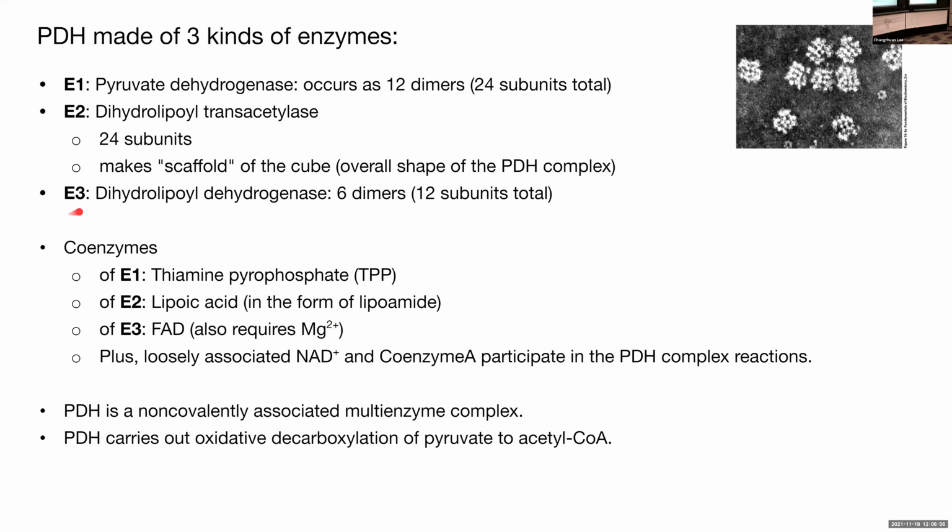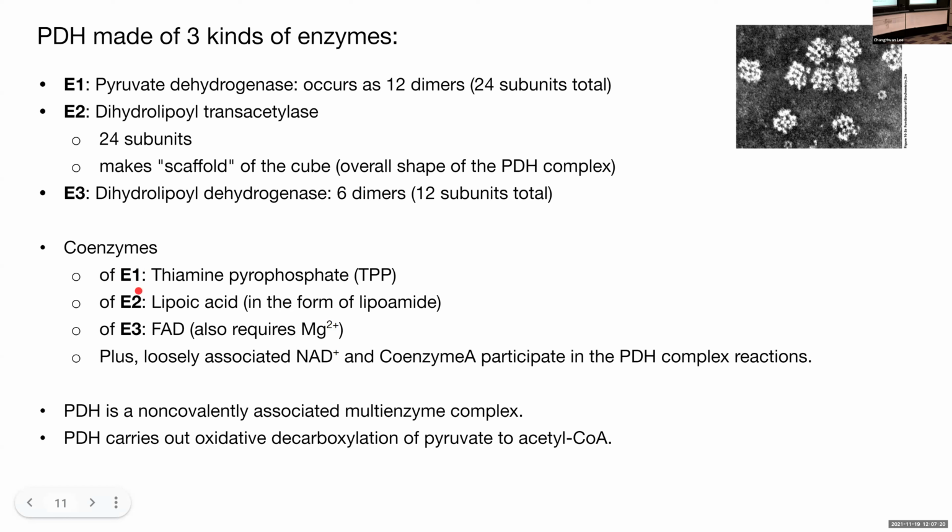And the last one, the E3 enzyme, is the dihydrolipoyl dehydrogenase, which has 6 dimers, so 12 subunits in total. So if you add up all these subunits, that becomes 60. So it's a pretty huge complex, but it's finely regulated using these coenzymes too. So they require different coenzymes for different enzymes.